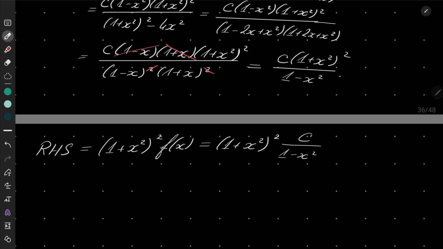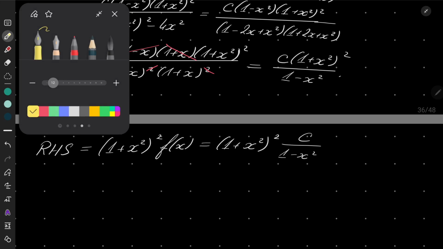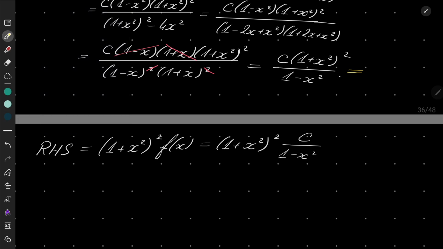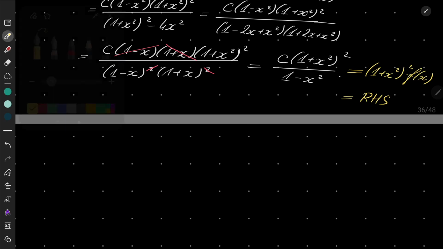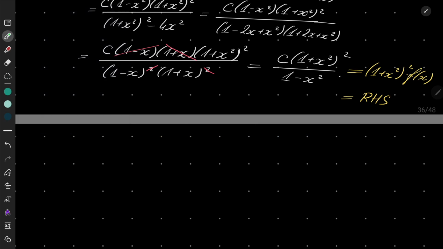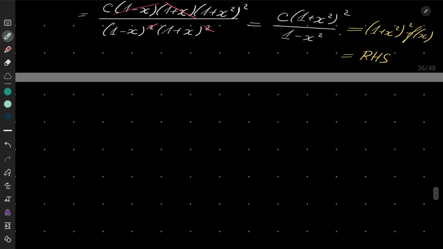Well, it's exactly the left hand side. Now we see it clearly. So I'll write that it's 1 plus x squared f of x, which is just the right hand side. So, all in all, we have the following solutions.